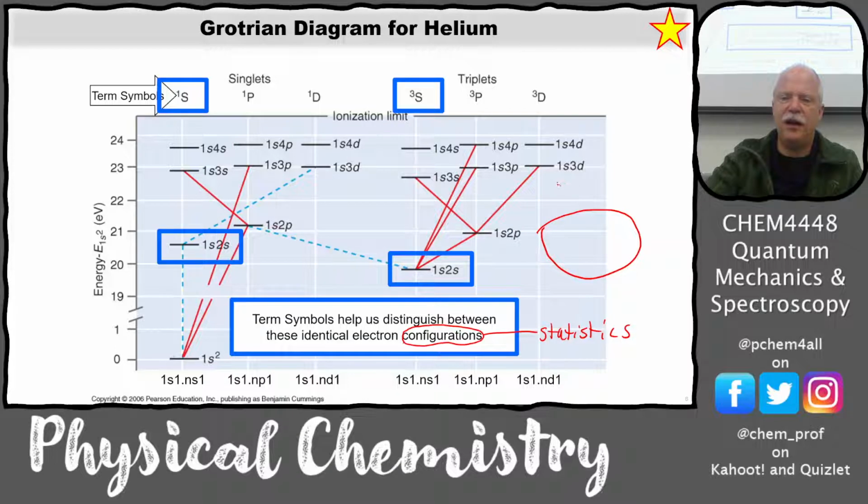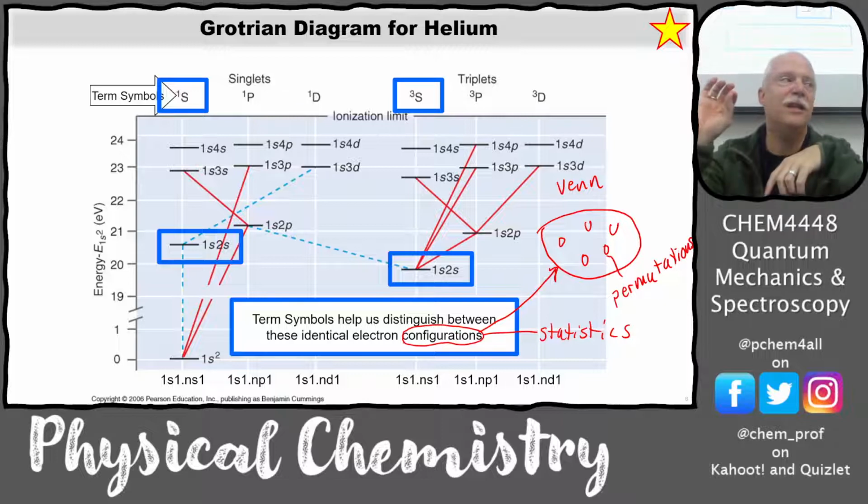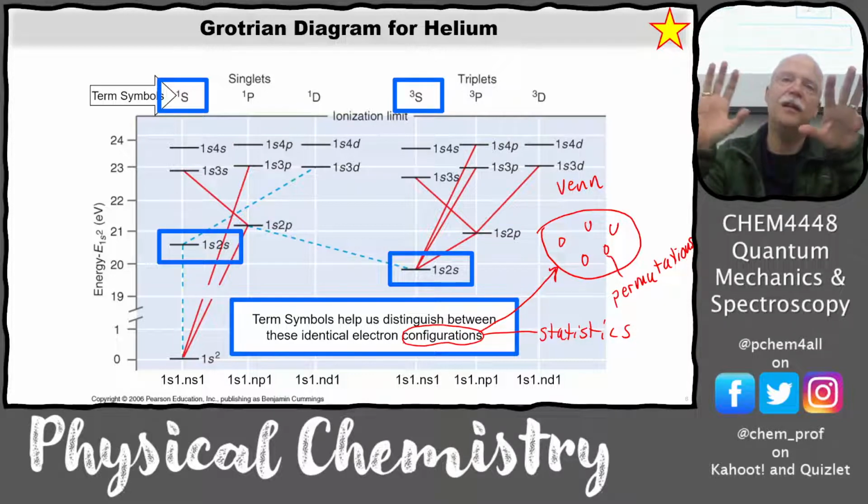Like a Venn diagram, you have a configuration, might be a certain circle in that configuration, and then there's lots of little things inside that circle, which we would call permutations. So does everybody understand the difference between a configuration and a permutation? A permutation is an individual instance that has that kind of configuration.